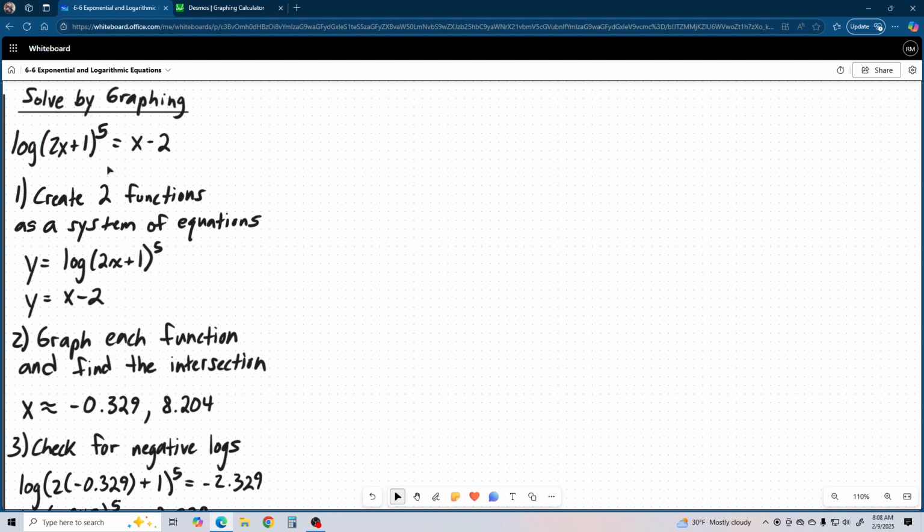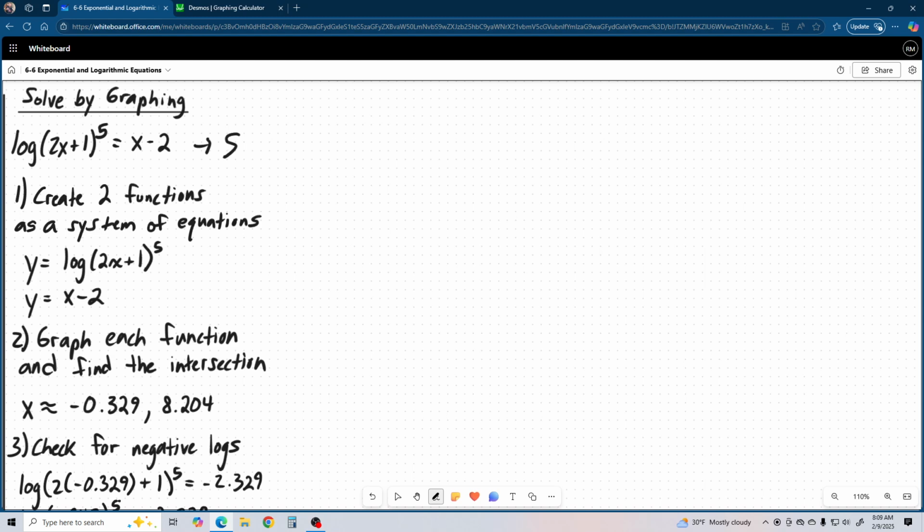Now, to make sure that this comes out properly when you graph it, do you see this 2x plus 1 to the 5th? You want to be careful about what you're doing with this exponent. So really what you should do is bring it out to the front. I'll rewrite this and show you what I mean. We want to take this 5 and move it out front.